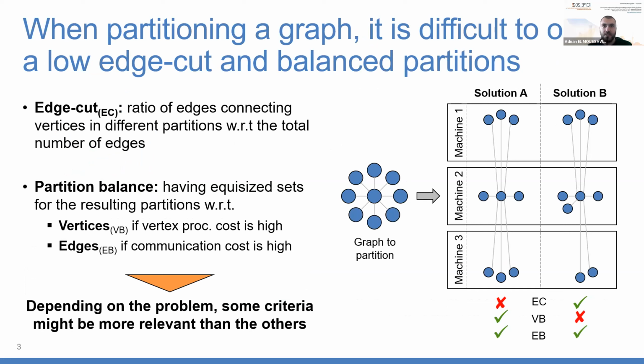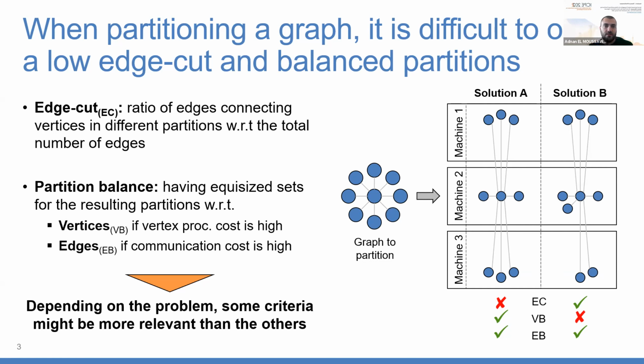In fact, we have to take into account many constraints in order to get good results. For example, to optimize the quality of partitioning, we need to take into account the balance of the partition, because when we partition the graph on several machines, if we have an unbalanced partitioning, it could lead to a bigger load on some machines than others. So it could increase the processing time, and it could also lead to bad results regarding the quality.